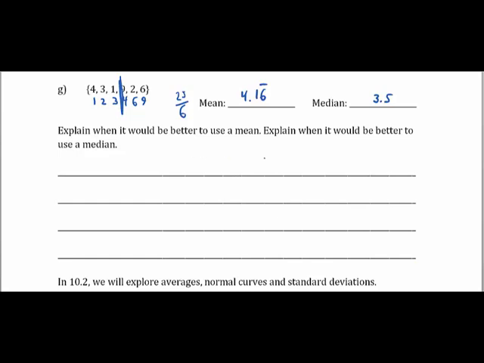For example, if I had 6 data points, a 1, a 2, a 3, a 17, an 18, and a 19, the median would be 10, and there's no data point actually at 10, because 3 plus 17 is 20, and 20 divided by 2 is 10. Since there's no actual data point there, the median is not a good representation of this data set because no one was actually there. So sometimes medians are misleading as well.